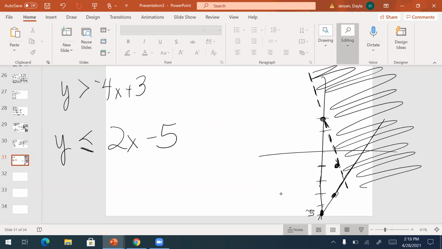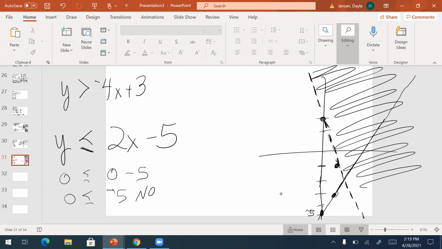But now I need to figure out what's the solution to the inequality. It goes on and on forever here, but I want all values of y that are less than 2x minus 5. So again, if I put 0, is 0 less than or equal to 0 minus 5? Is 0 less than or equal to negative 5?